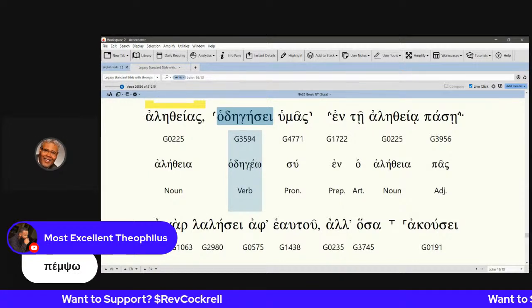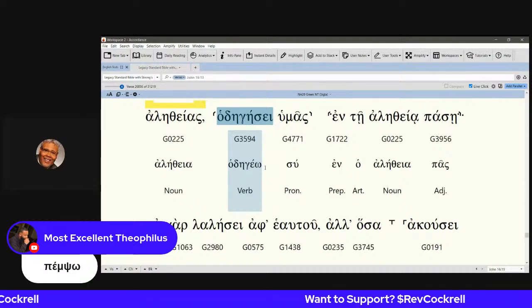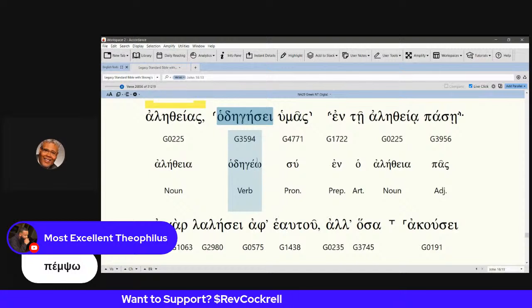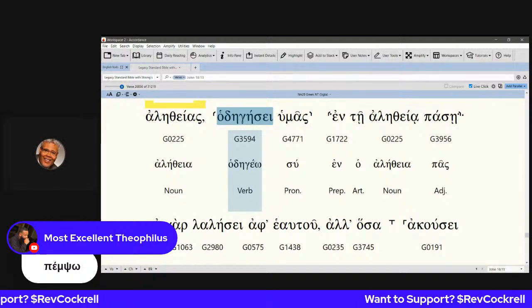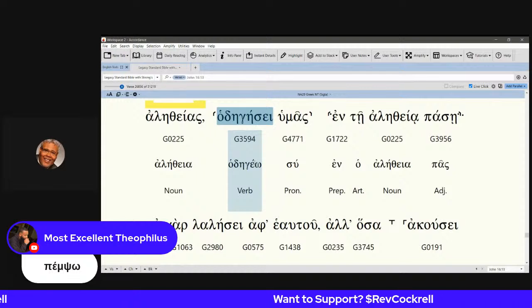It's adding a sigma. And then the two epsilons bump together. They become eta.